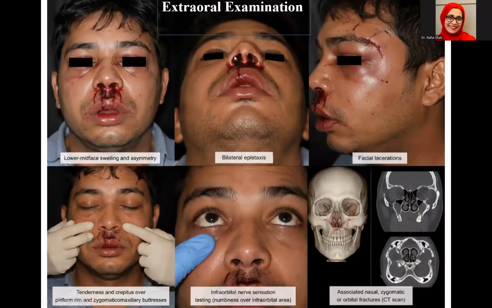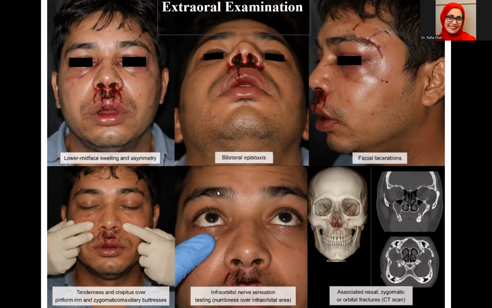Then usually in such cases, the patient has bilateral epistaxis, meaning bleeding from the nose, because the patient has an injury to the nasal floor and pyriform aperture. He will also have lacerations on the face, of course, because of the injury.